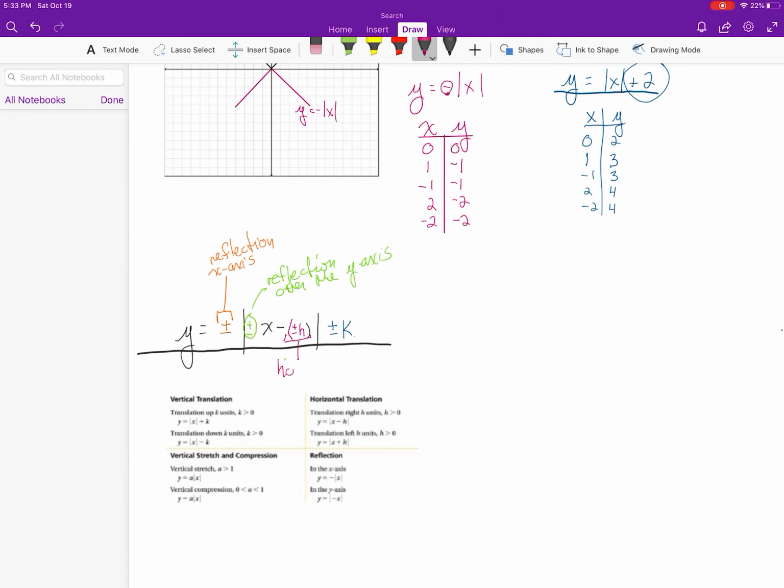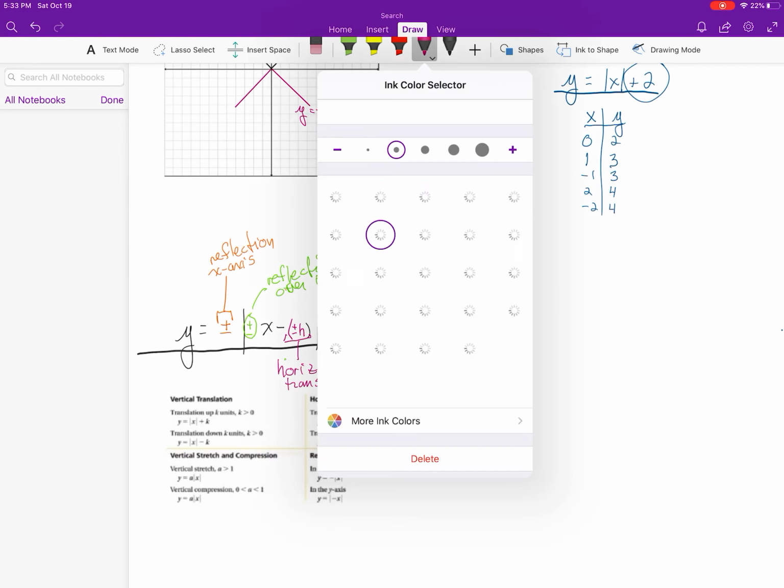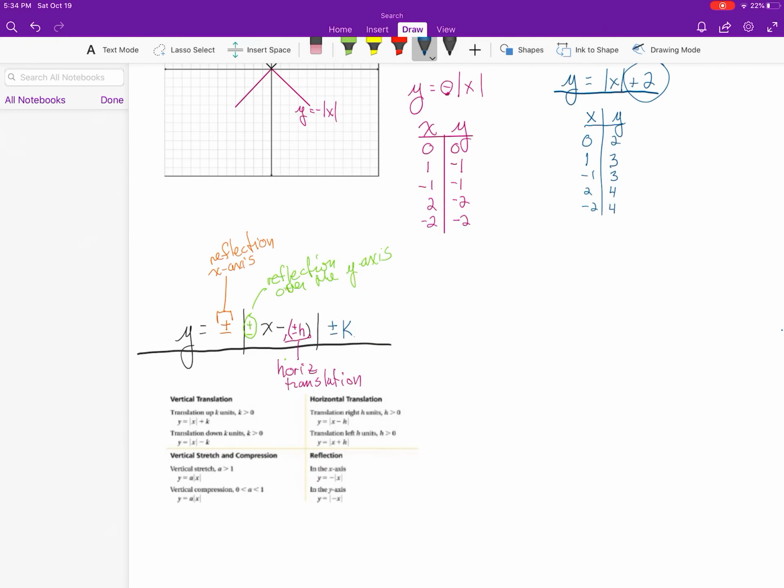And this guy, as with a parabola, gives us a horizontal translation. And it's counterintuitive, just like it is with the parabolas. And finally, this guy tells us if there's a vertical translation.